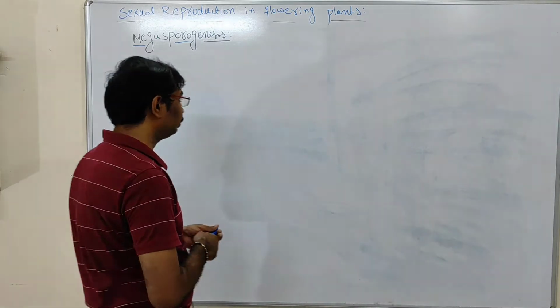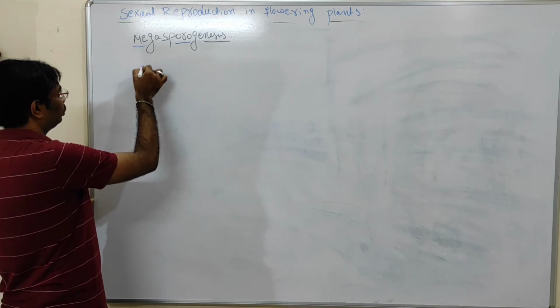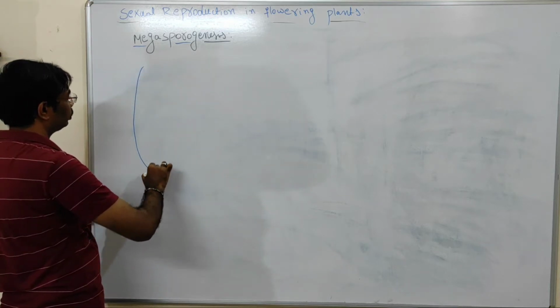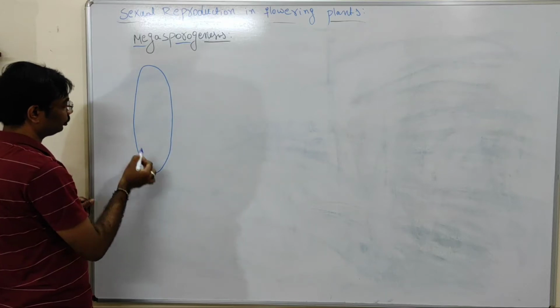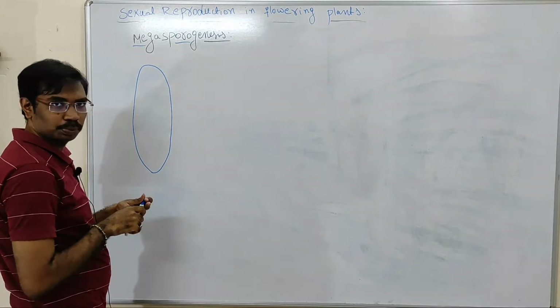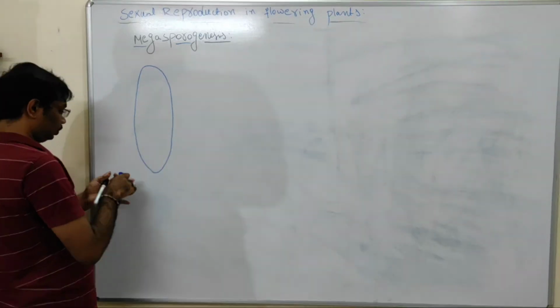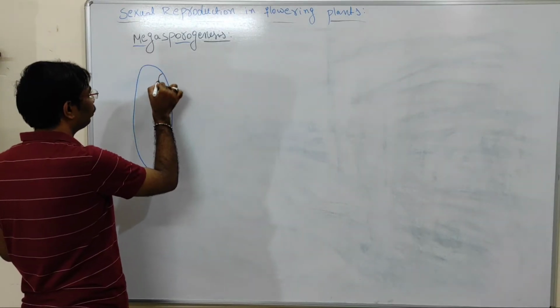Now see here, suppose if you see this diagram, one of the cells is the primary sporogenous cell, so I will represent it here. Suppose you imagine this is the ovule.